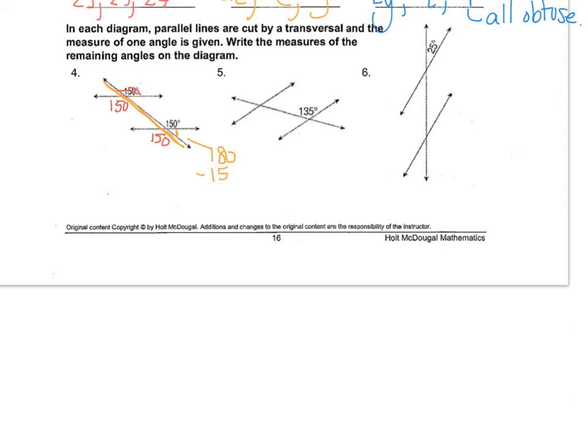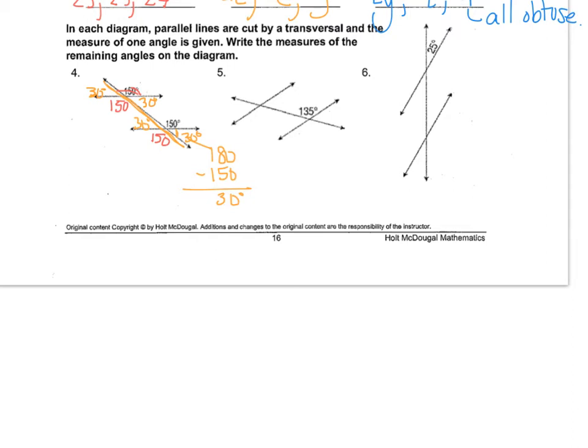So if I take away 150, I find that measurement for my acute angles. So 30 degrees here. This one's vertical, so it's 30 degrees there. This bottom intersection is going to be exactly like the top intersection, so all I have to do is slide up a 30 degrees there and a 30 degrees on the other side as well.